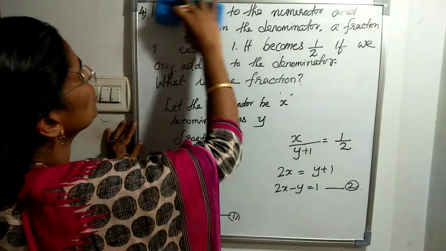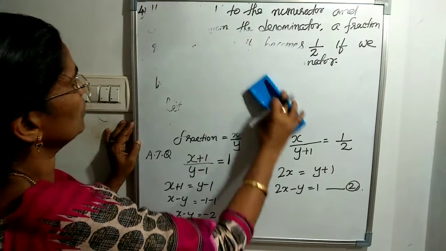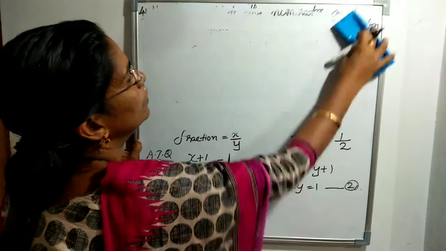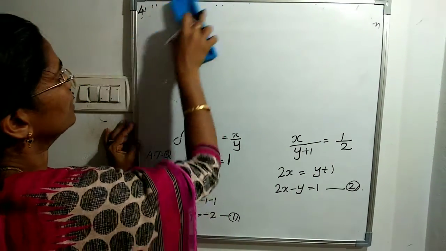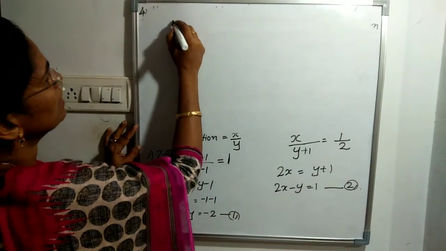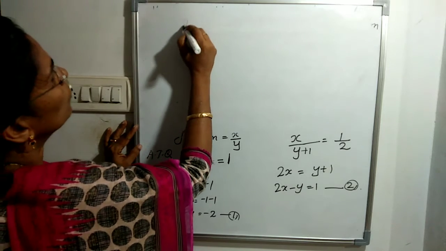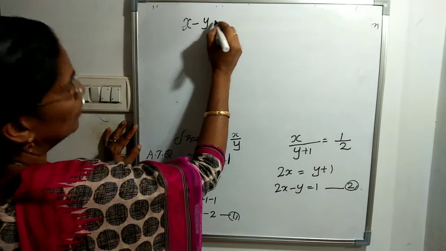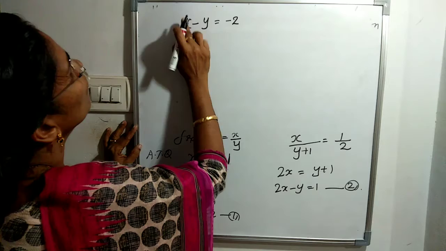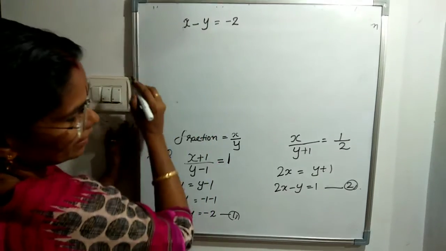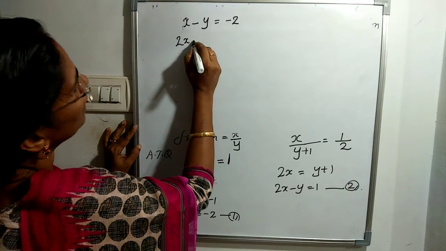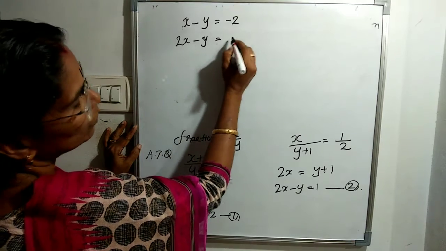Now we have to solve this question. We got two linear equations in 2 variables. The first equation is x minus y equal to minus 2, and the second one is 2x minus y equal to 1.